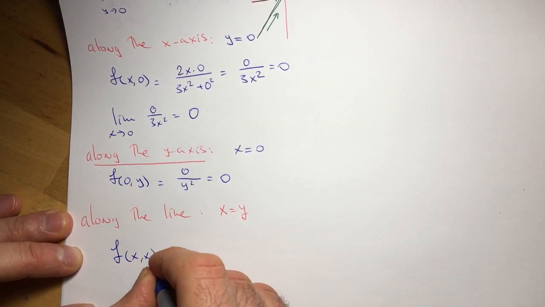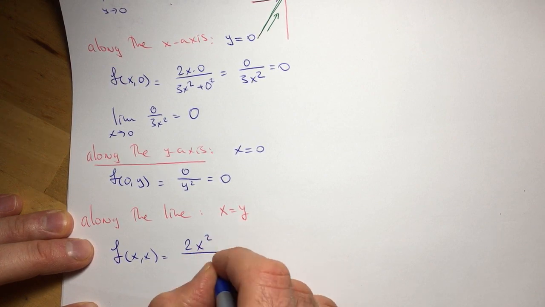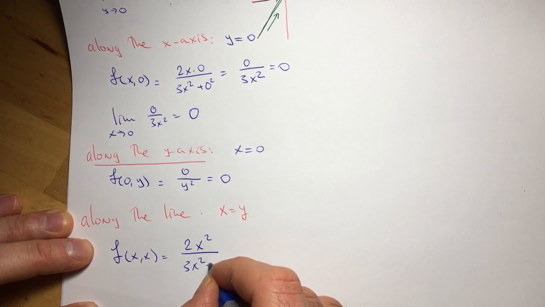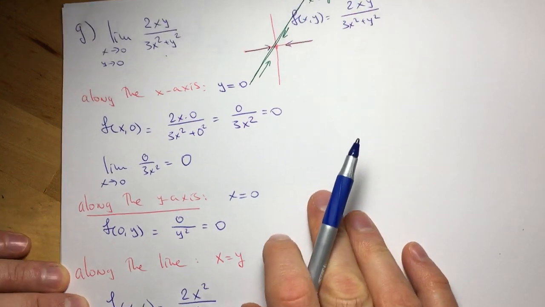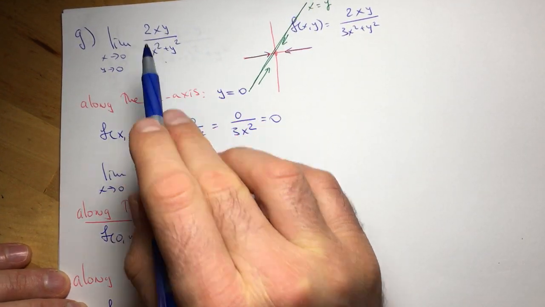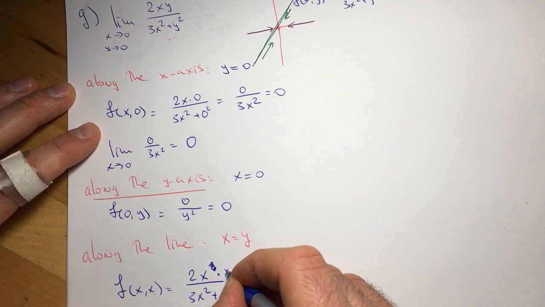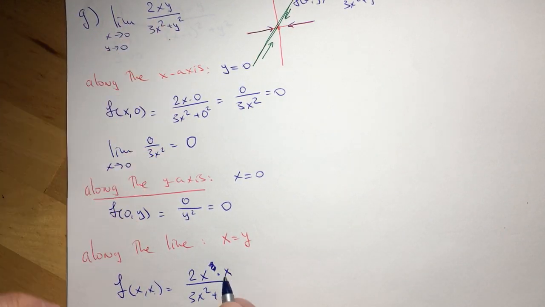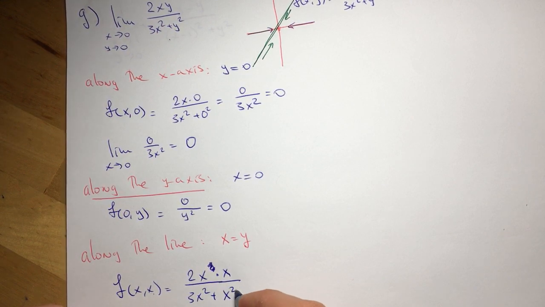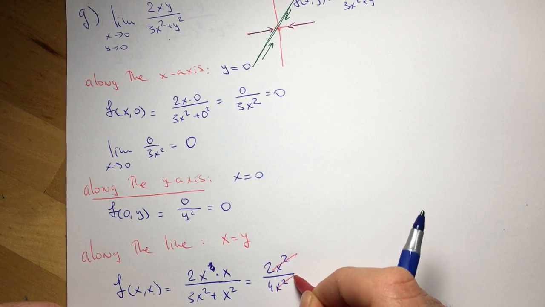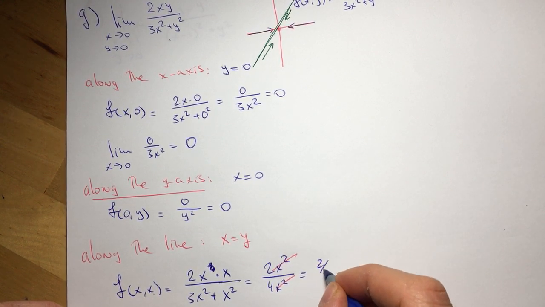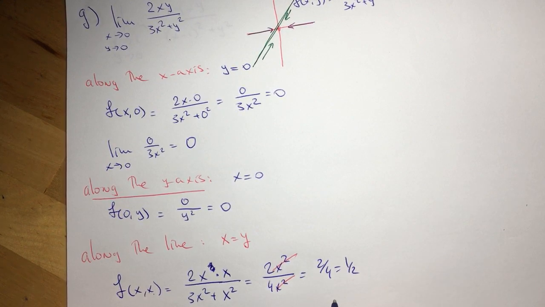Let's go step by step: 2x times x, since instead of y, I put x, and in the denominator also, instead of y, I put x. So I get 2x squared over 3x squared plus x squared, which is 4x squared. Now I cancel these and I get 2 over 4, which is 1/2.